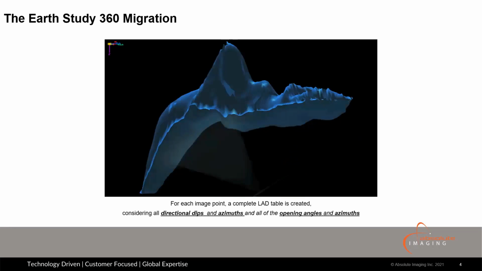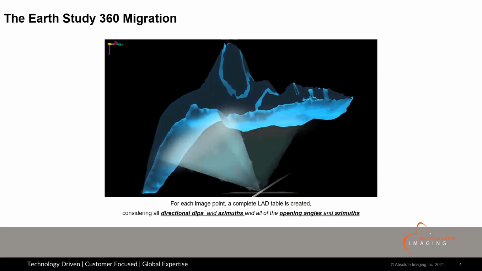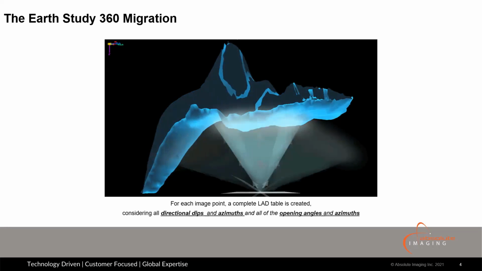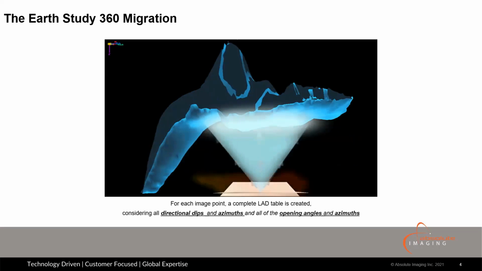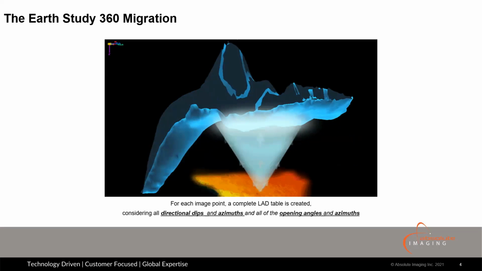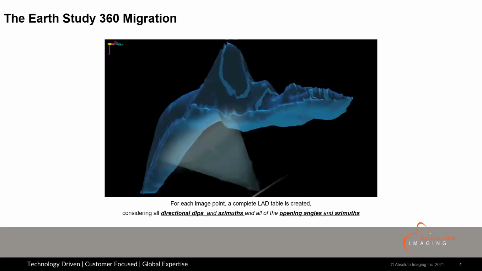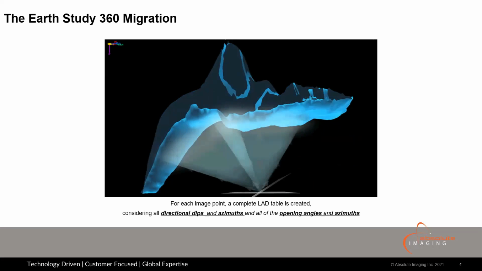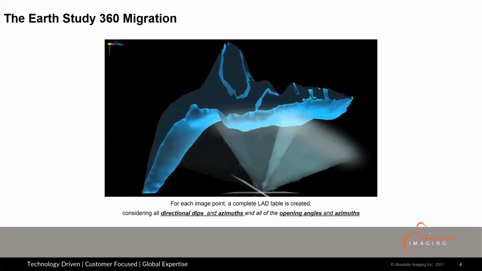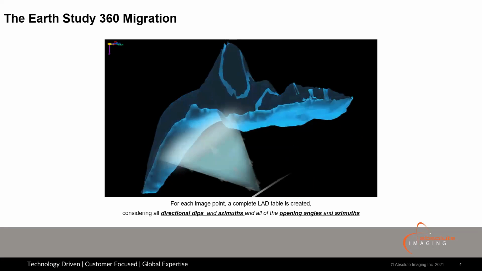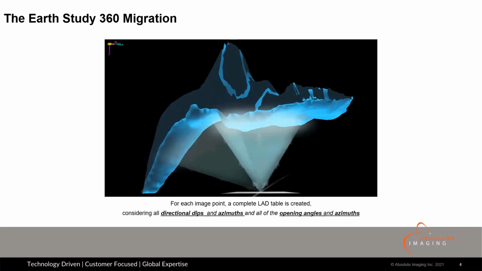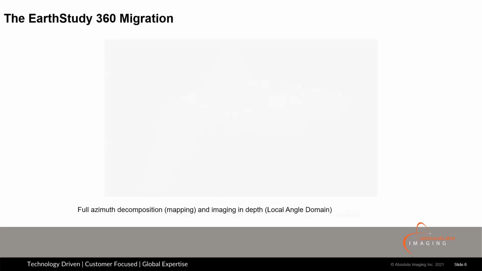When we are scanning, we scan all these directional dips and azimuths, along with all these opening angles. You can imagine yourself as a flashlight going from the subsurface and illuminating the surface. The width of the flash and the position of the flash are the angles we are discussing.